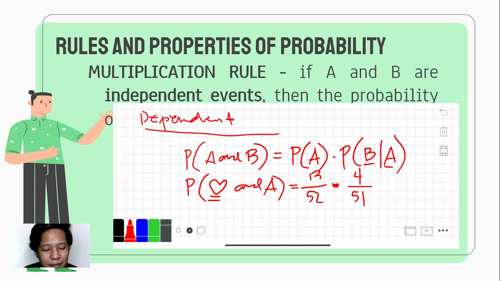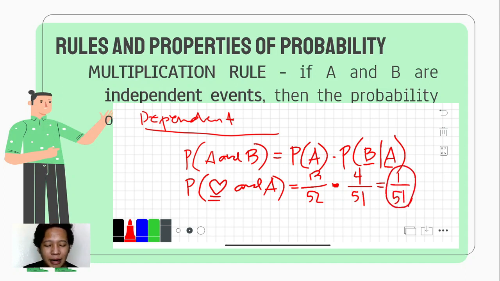And you just simply what? You just simply multiply their probability. So, this would be 13 over 52 multiplied by 4 over 51. That would be what? That would be 1 over 51. Okay?